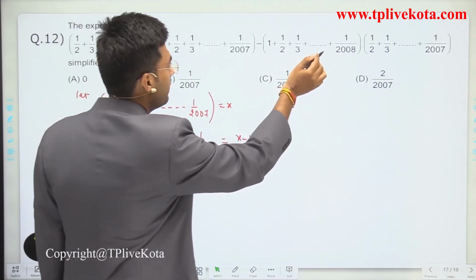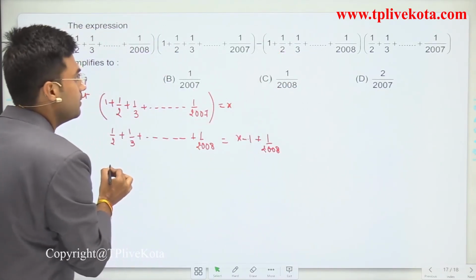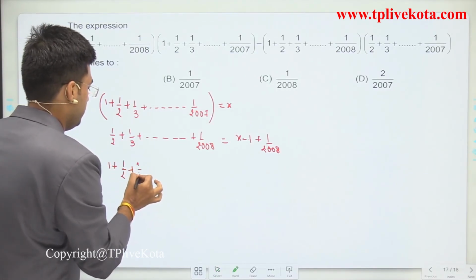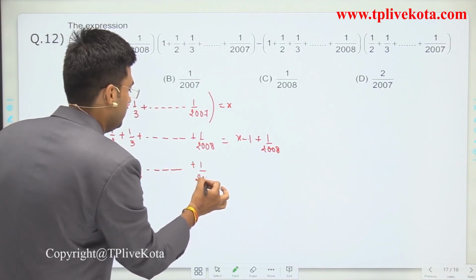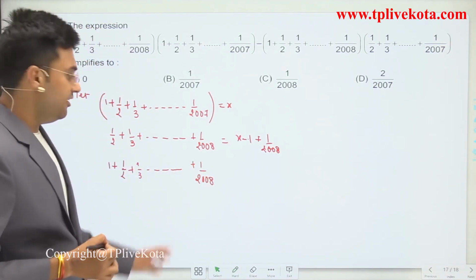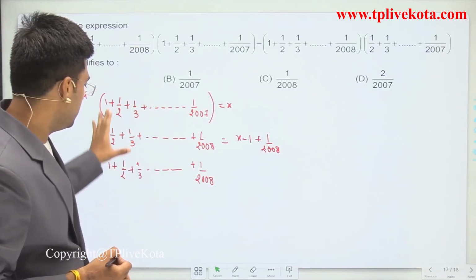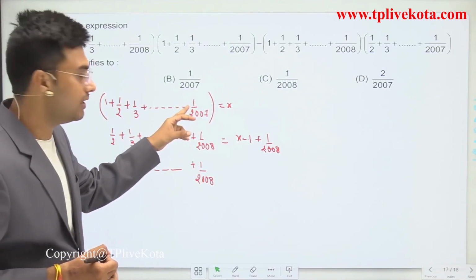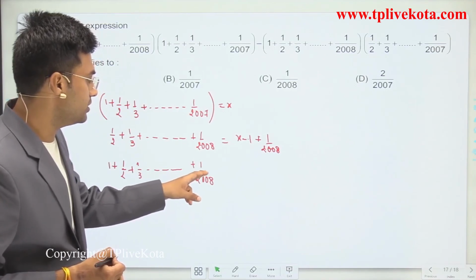Now we find the value of this expression. The value of this expression is 1 plus 1 by 2 plus 1 by 3 up to 1 upon 2008. If we compare it with the first expression, then it is similar, but the last term here is 1 upon 2007, and here it is 1 upon 2008.